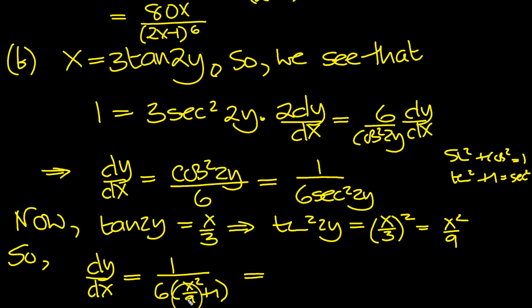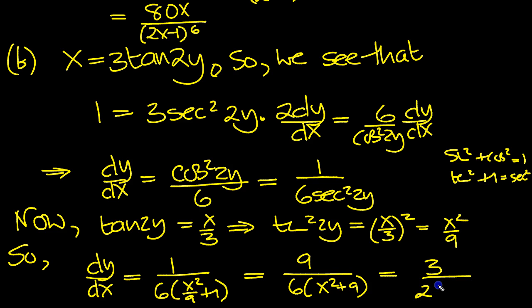Multiply by 9 top and bottom. 6, I'm just going to use the 9 through the bracket here, x squared plus 9. So it's equal to 3 over 2 times x squared plus 9.